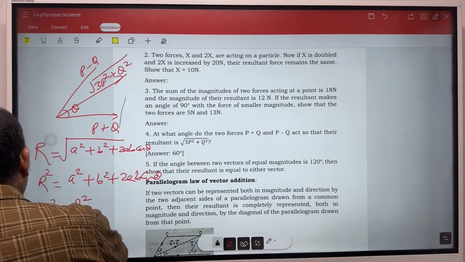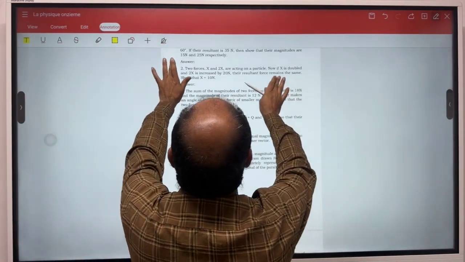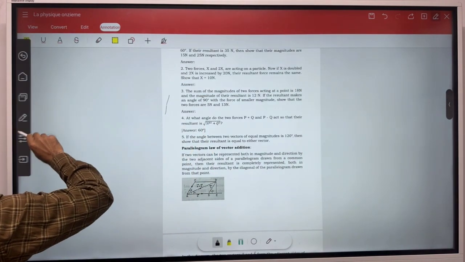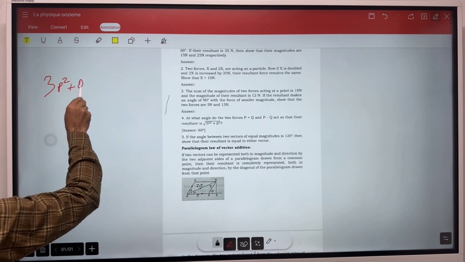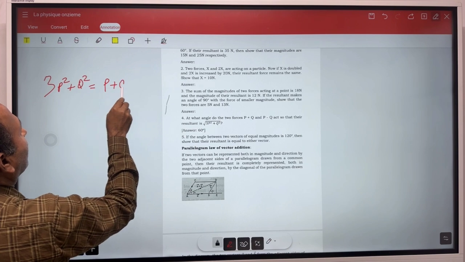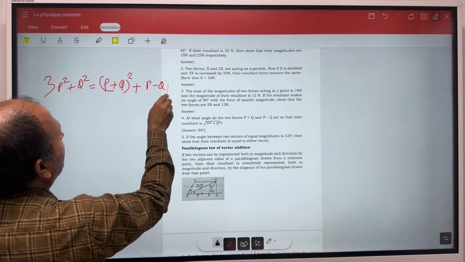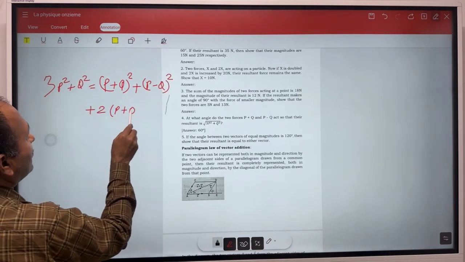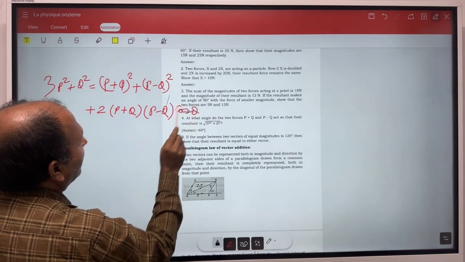So let's make more space, so that will be better. So we write 3P square plus Q square is equal to (P plus Q) square plus (P minus Q) square plus twice of (P plus Q) times (P minus Q) times cos theta.